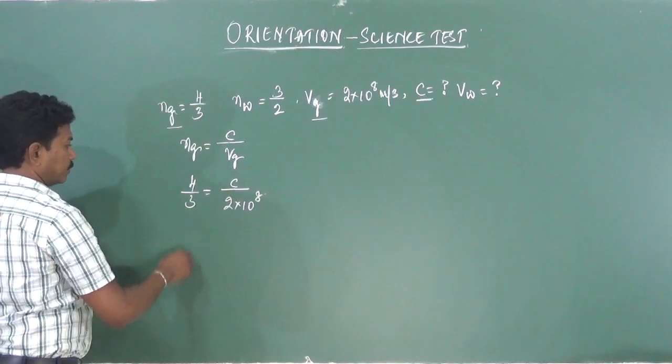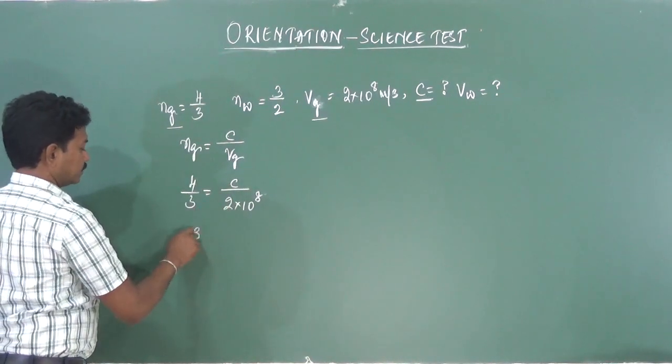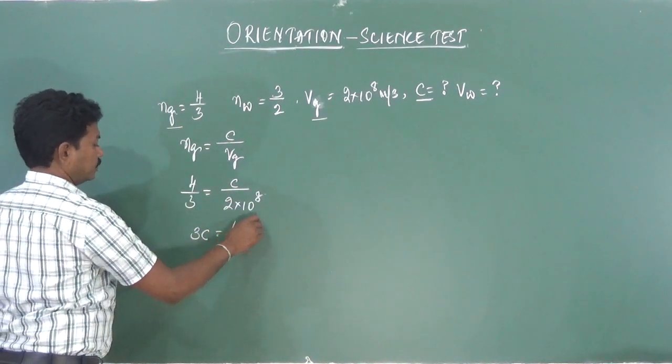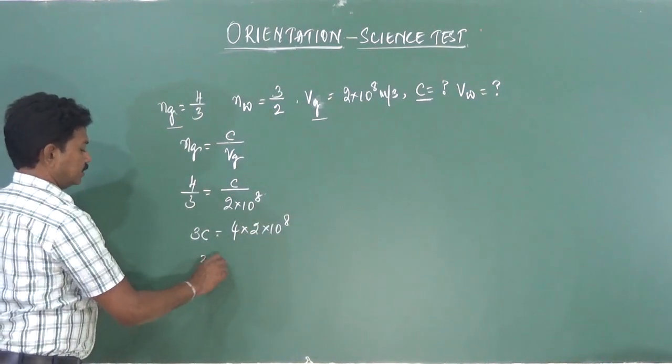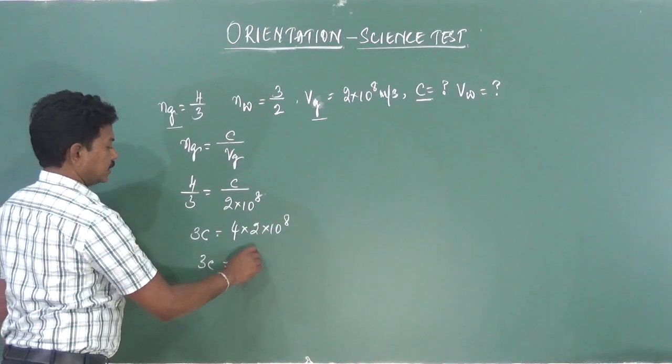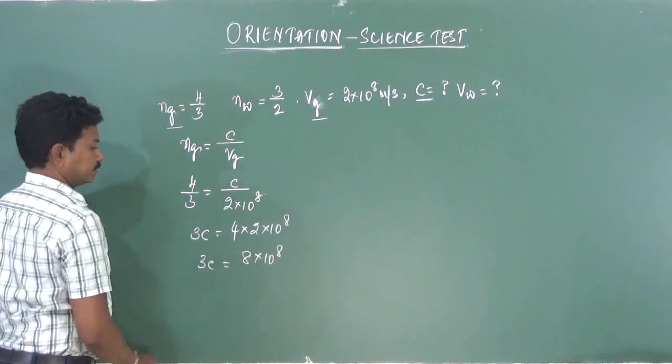So we go with cross multiplication: 3C is equal to 4 into 2 into 10 to the power 8.